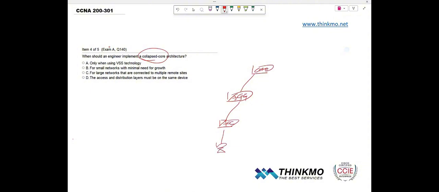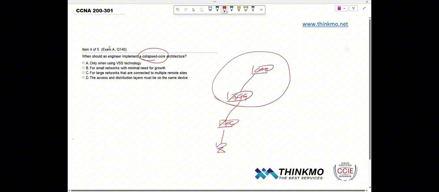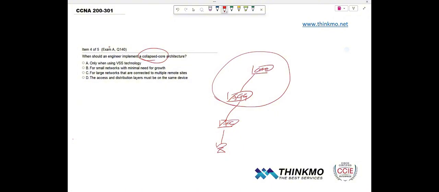The meaning of a collapsed core is to merge the core and aggregation into one device. And why is that? Because we don't have money, right? Either we don't have money or our demand is relatively small. One reason is to save costs. The second reason is not really about lacking money, but because my network is inherently very small and I don't have much traffic to send out. So there's no need to divide it like a campus network.